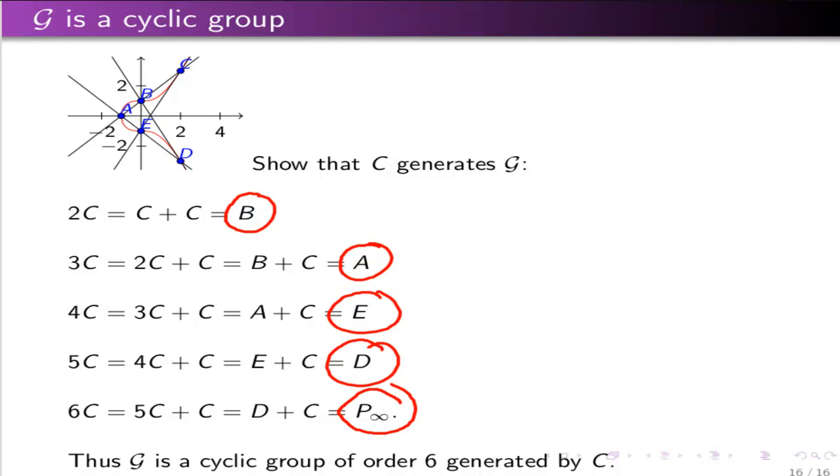And thus, the order of the element C in this group is 6, and so we've got a cyclic group of order 6 generated by C.